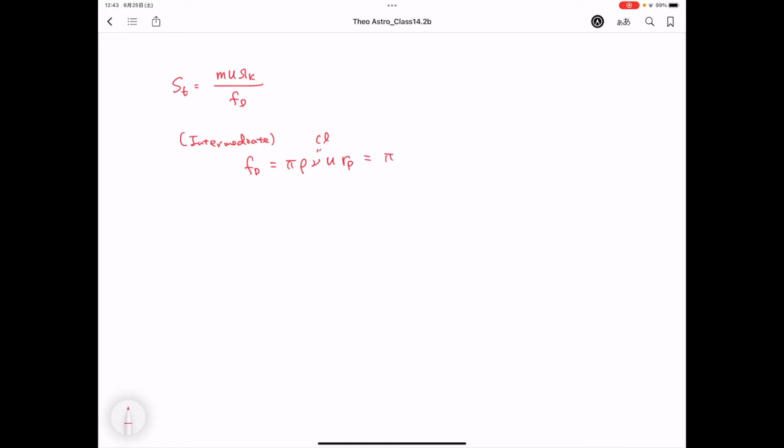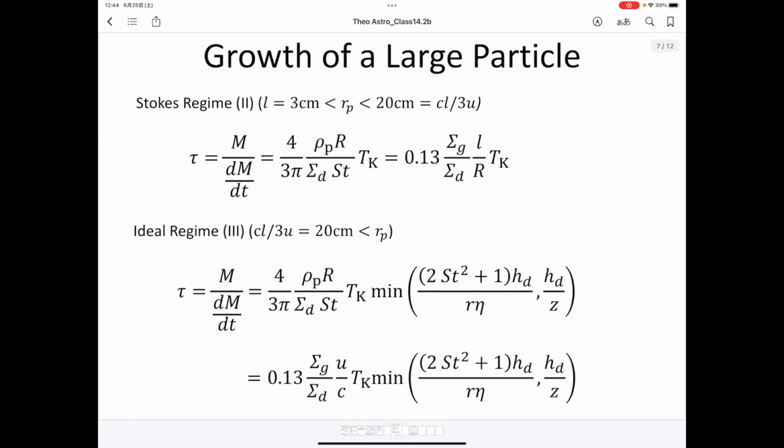F sub d is calculated pi rho C_l u r sub p. This is a drag law for the intermediate size particles. For the large particles, f sub d can be calculated pi r sub p squared rho u squared. Then we could calculate the Stokes number, and then we could calculate growth rate of a solid particle in a disk. So this is the result for the intermediate size particle and the large particles.